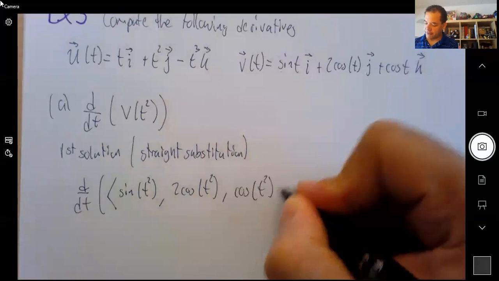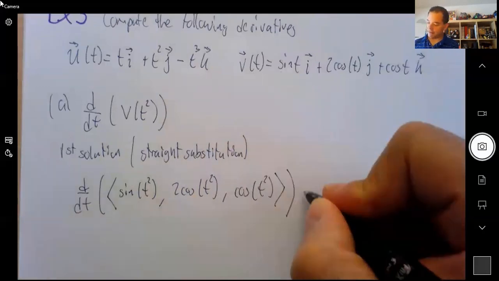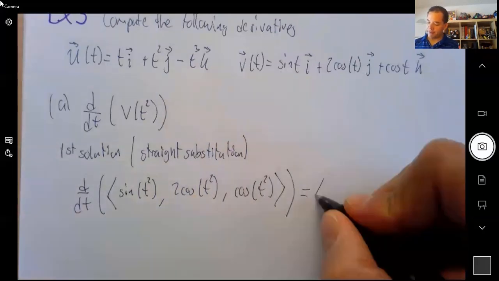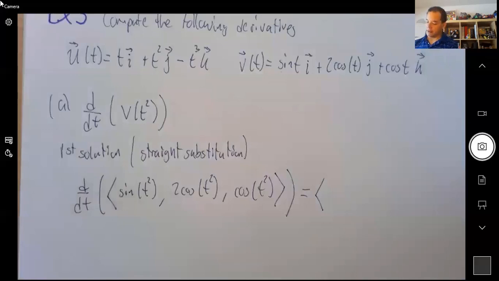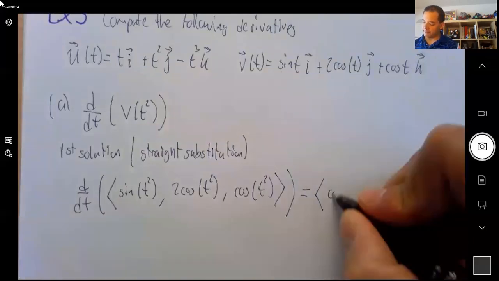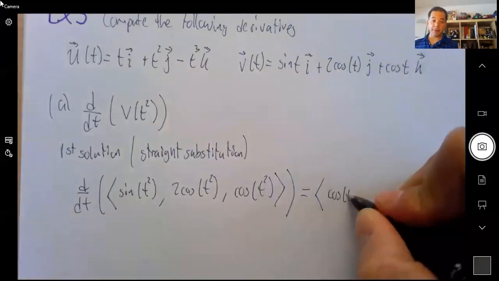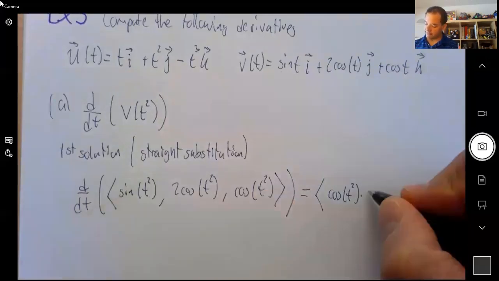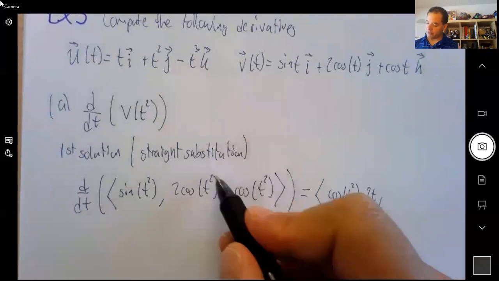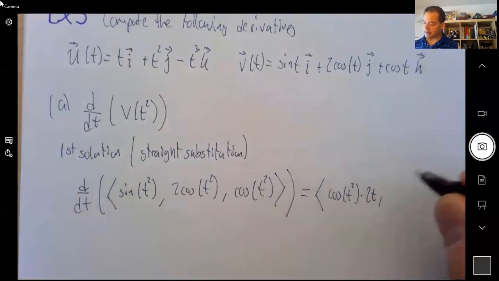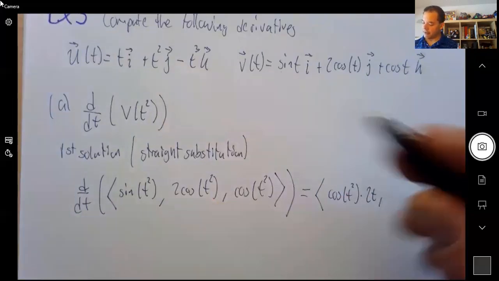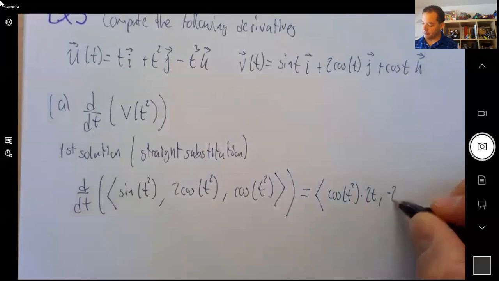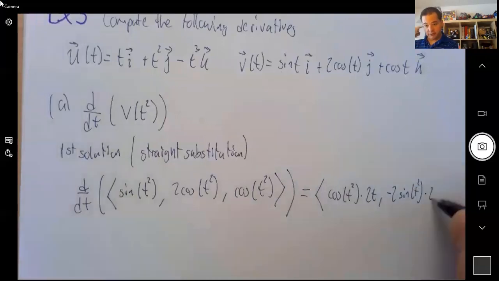So plug it first, and now do the derivative. What's the derivative of sine of t squared? Well, that's cosine of t squared times, by the chain rule, the derivative of t squared, which is 2t. For 2 cosine of t squared, the derivative of cosine is negative, so it will be negative 2 sine of t squared times the derivative of t squared, which is 2t.